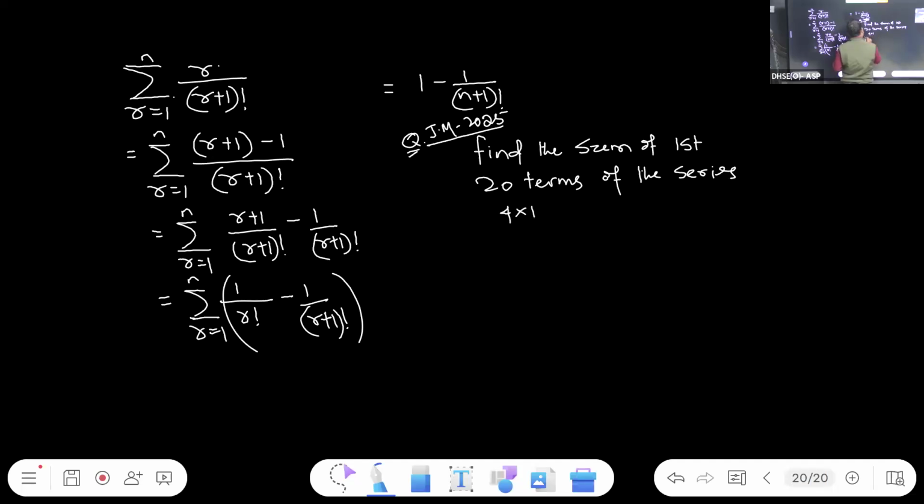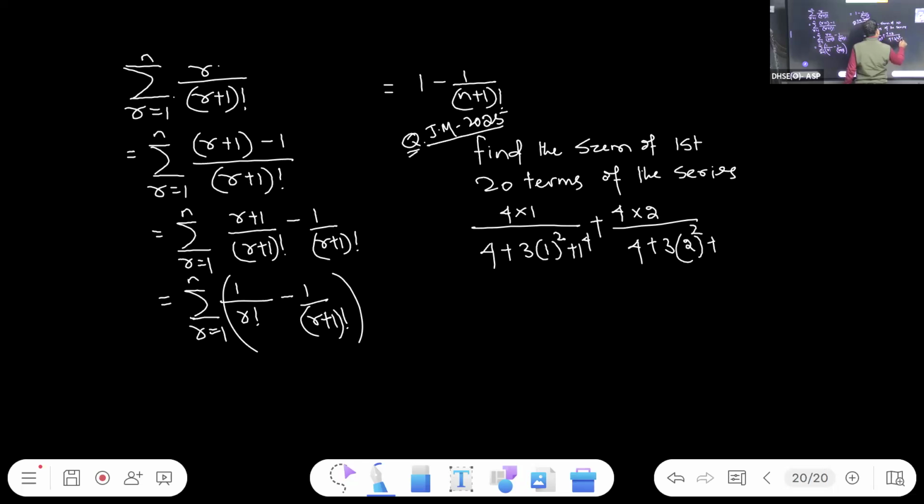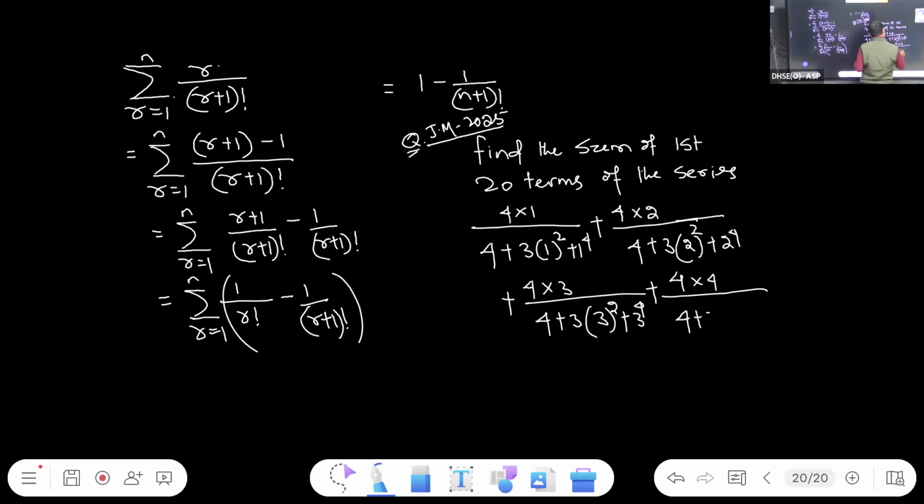Four into 1 divided by 4 plus 3 into 1 square plus 1 to the power 4, plus 4 into 2 divided by 4 plus 3 into 2 square plus 2 to the power 4, plus 4 into 3 upon 4 plus 3 into 3 square plus 3 to the power 4, plus 4 into 4 upon 4 plus 3 into 4 square plus 4 to the power 4.